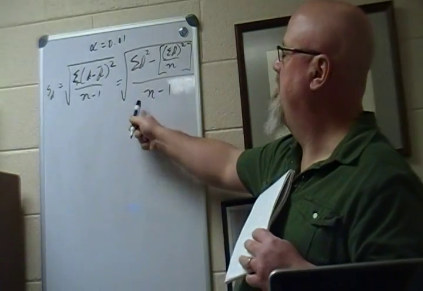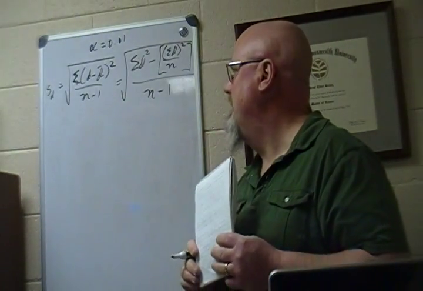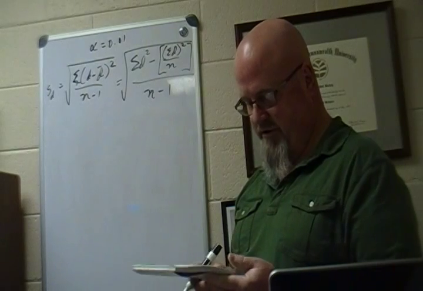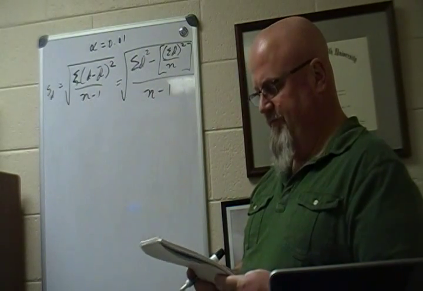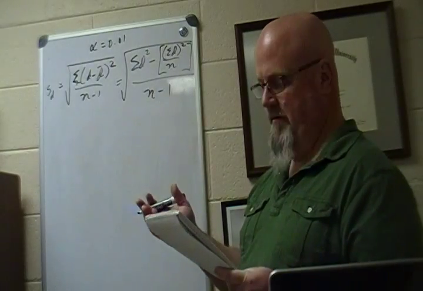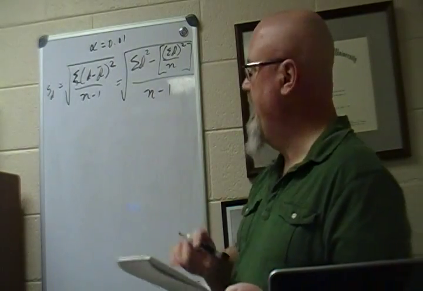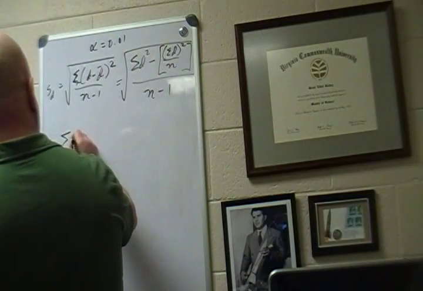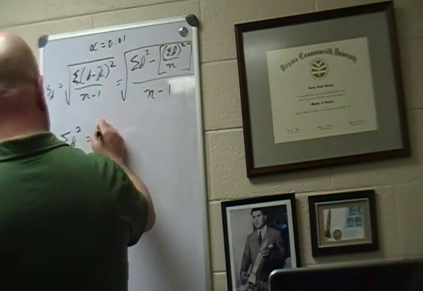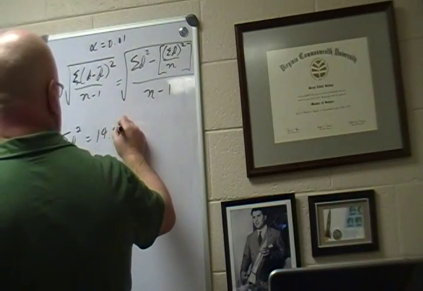This is uglier, but if we're working it out without some kind of technology, it's easier to do. So we'll use the second formula. We take those differences we had and square each one of them and add them up. The sum of all those differences that we squared is 14.27.